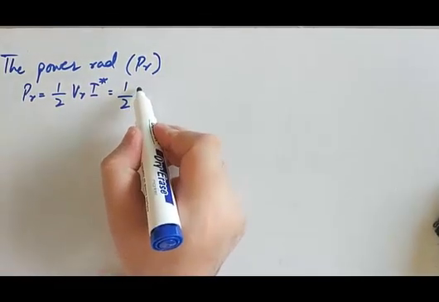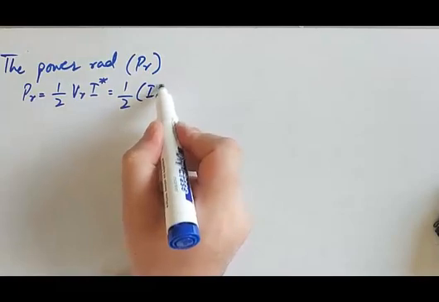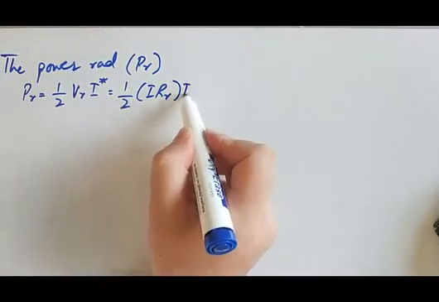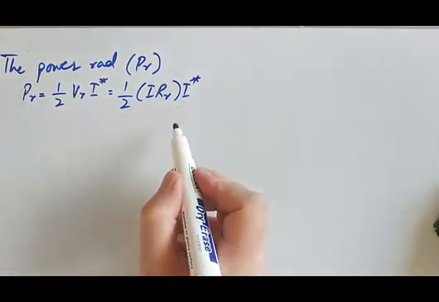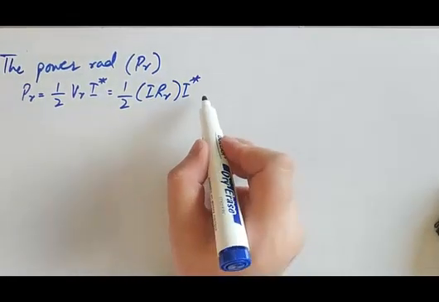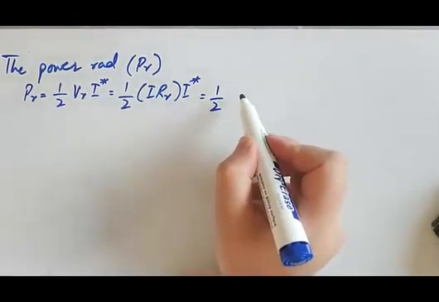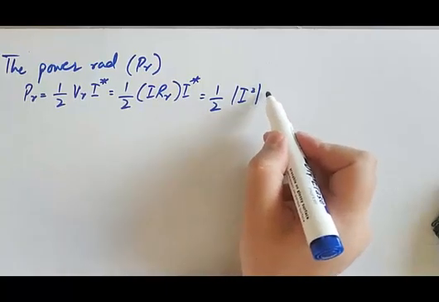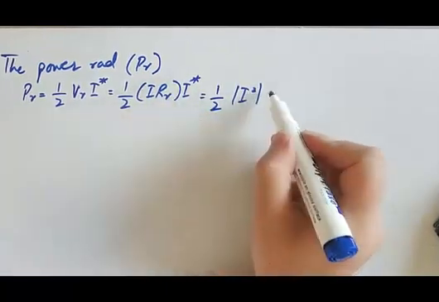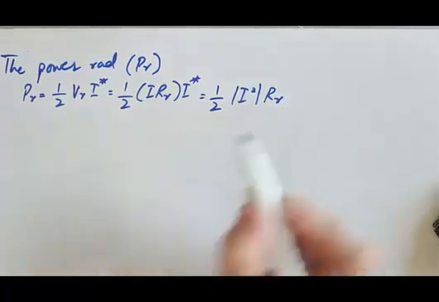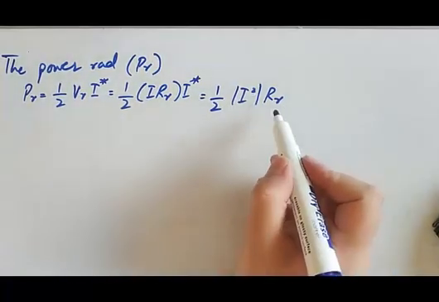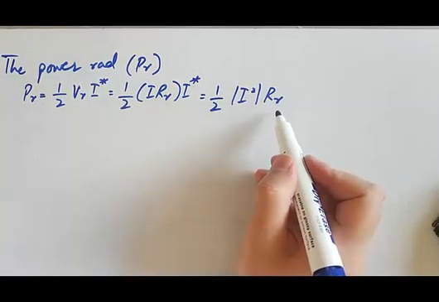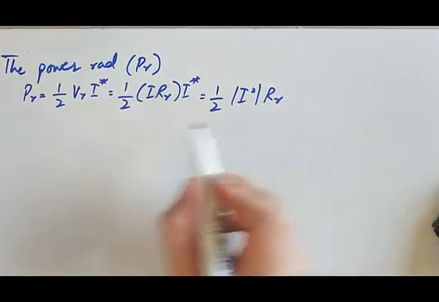And then it can also obviously be written as IRR into I star. So this in fact gives us half of |I| squared, when you multiply both of them, and then RR, where RR is actually the radiation resistance.